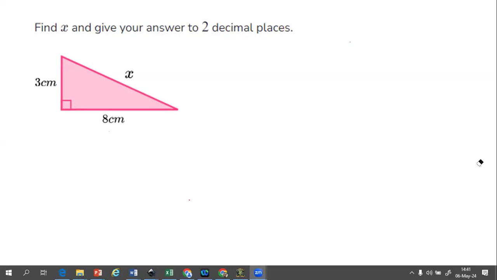We are writing our answer to 2 decimal places. So just type your answer in the chat and we prove that that is the answer you have.